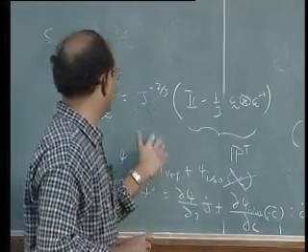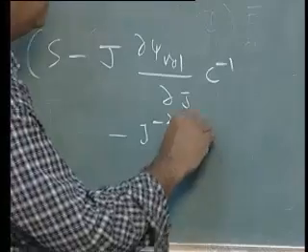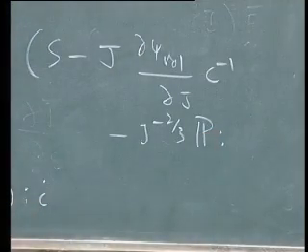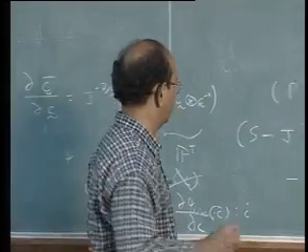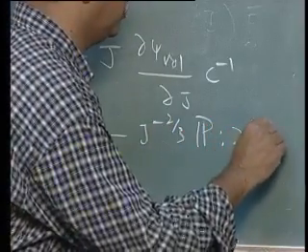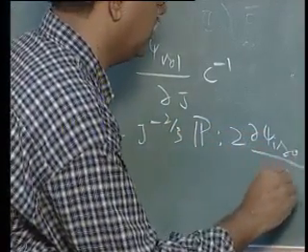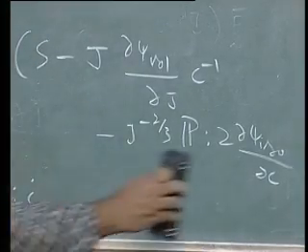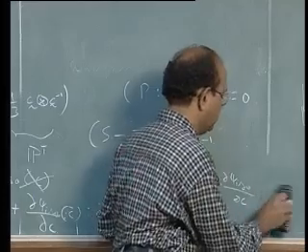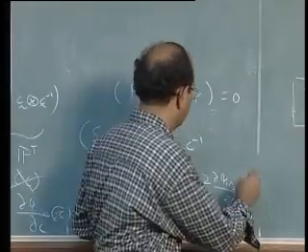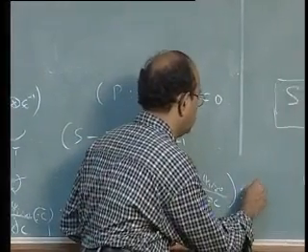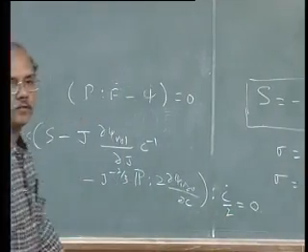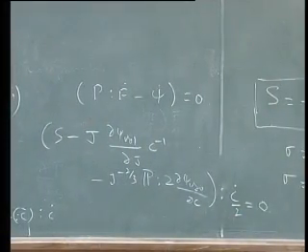So ultimately you can write that as P colon 2 times dou psi iso by dou C colon C dot divided by 2 is equal to 0.